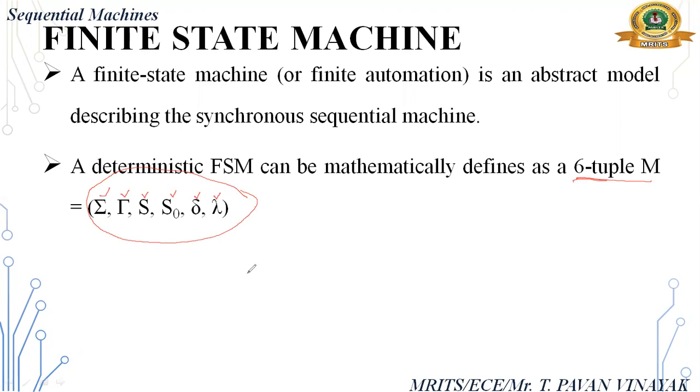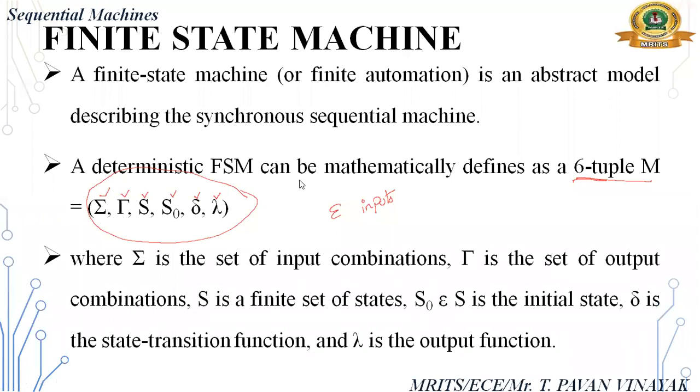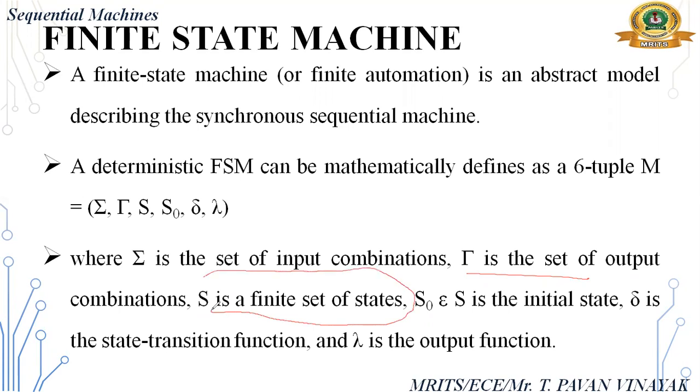Sigma indicates inputs. Gamma indicates outputs. S indicates the finite set of states.